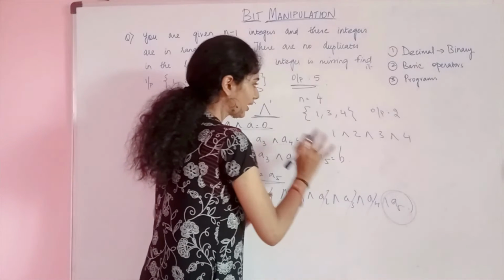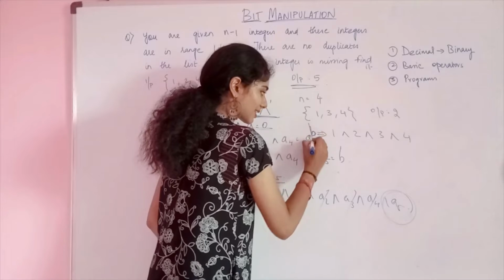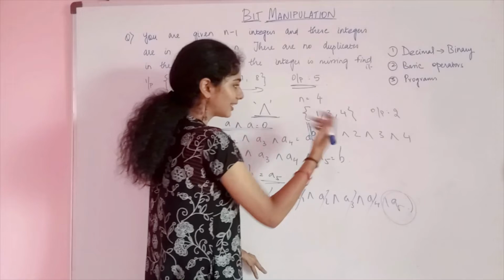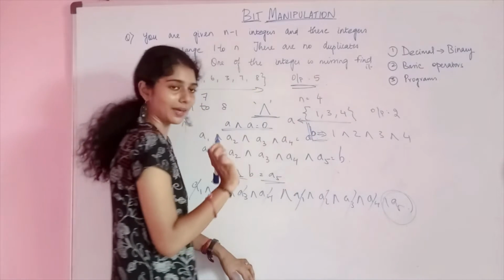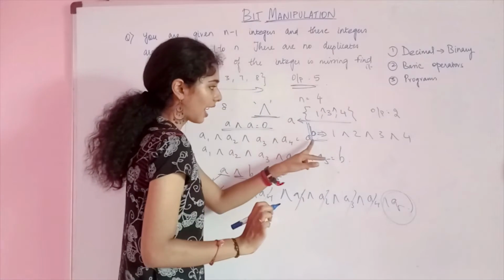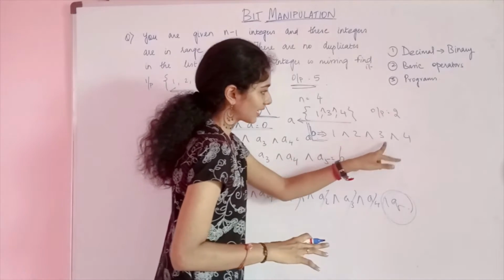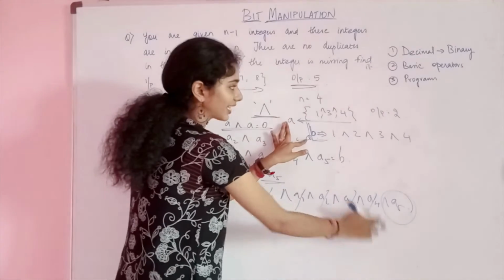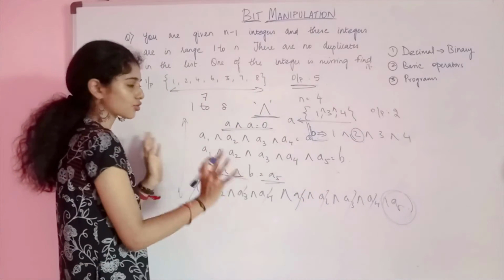So what I am going to do is explicitly generate this list B, and then find the XOR of the given array and put it in the value of A. A will hold 1 XOR 3 XOR 4, and the B that I generate explicitly will hold 1 XOR 2 XOR 3 XOR 4. So when I XOR A and B, I will get the missing value of 2. I suppose you understood so far.